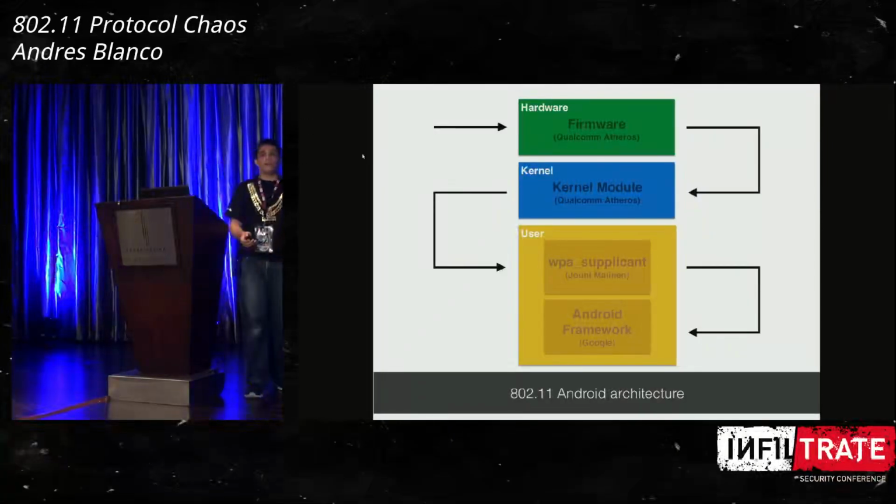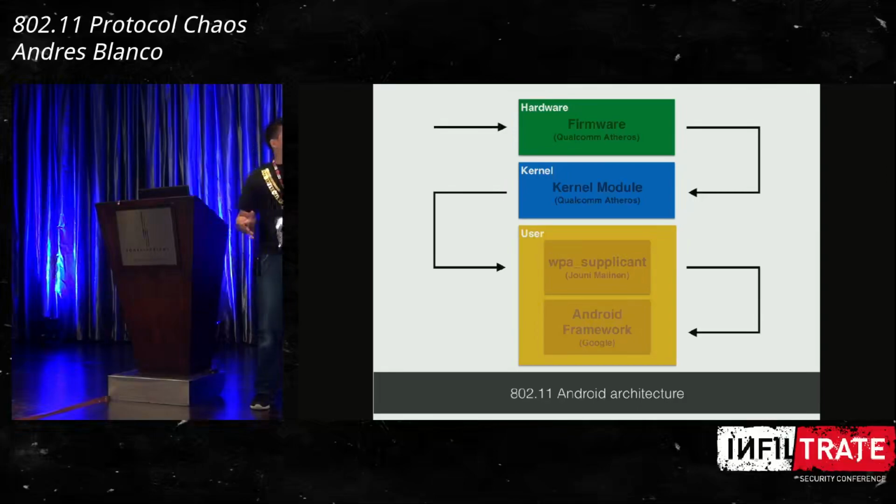Another interesting topic is the architecture. When we talk about Wi-Fi, we usually think that everything is implemented in the driver, so everything is in the kernel. That is not true. This is an Android architecture, but in iOS we have something similar, and every platform has something similar to this. We have a firmware that handles a part of the protocol in the chipset of the wireless network card.